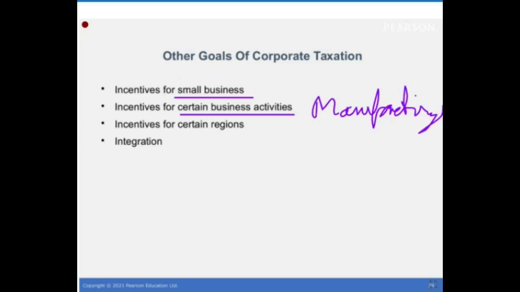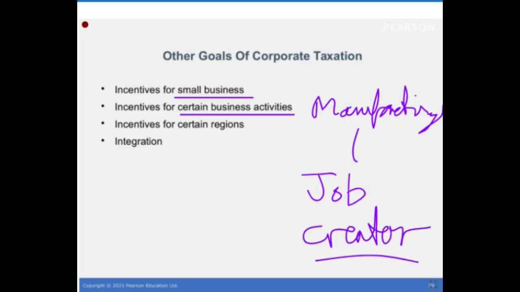I scribbled that, but you get the point. Manufacturing historically has had some extra benefits because it's, in theory, a job creator. So let's make things easier on manufacturers. Small businesses are also looked at as a job creator, an engine of the economy, plus a little less able to pay. Let's give them a chance to be created, grow, give them a break.